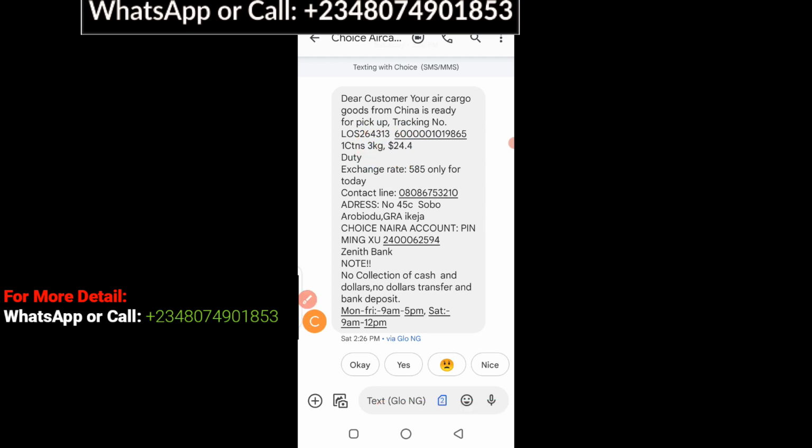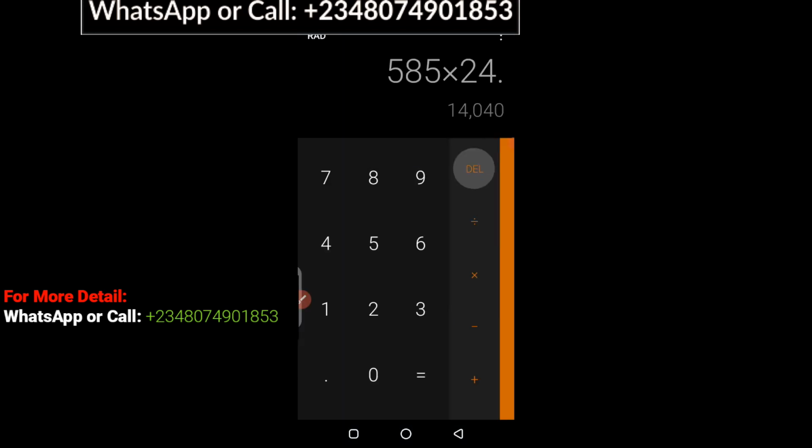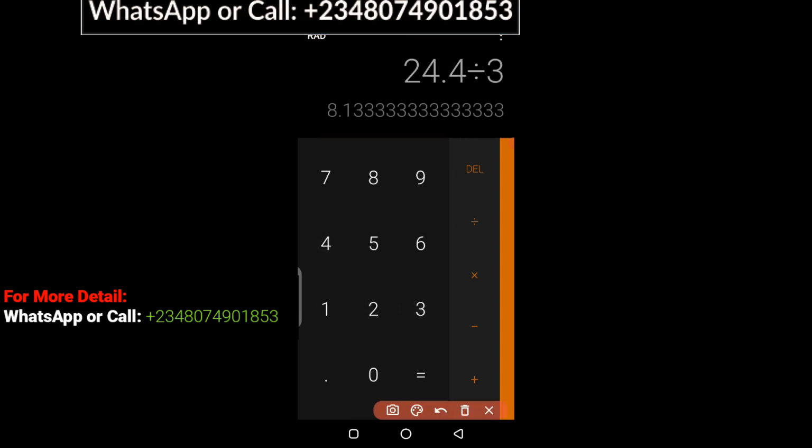So to determine how much you are charged per kg, you go back to your calculator and say 24.4 divided by 3. Which simply means that this shipping company charges you 8.1 USD per kg.